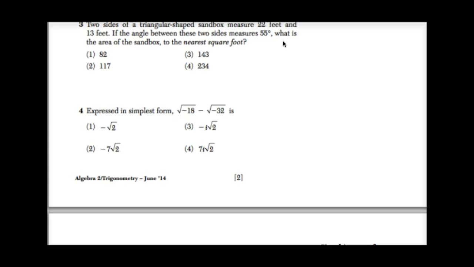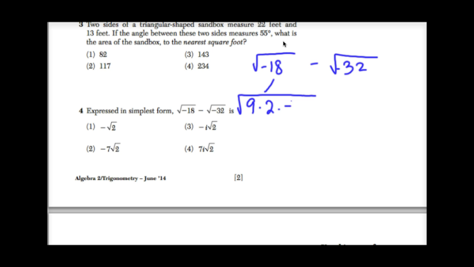What we have to do is break these down. Radical negative 18, take away radical 32. Remember, negative 18 can be broken down as 9 times 2 times negative 1, and 32 is broken down as 16 times 2 times negative 1.